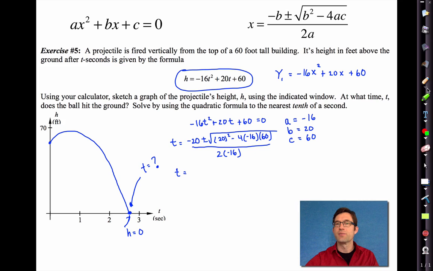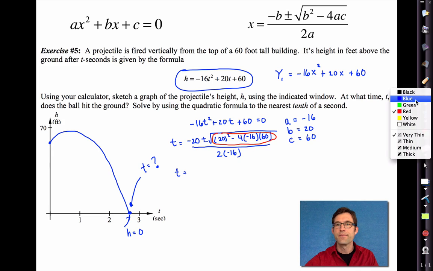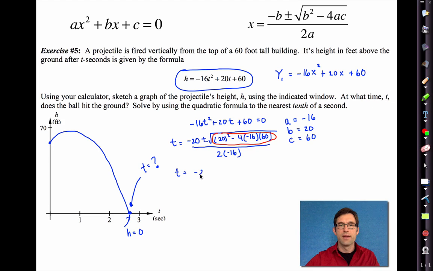Just like in the previous problems, on my calculator I'm going to enter this calculation and figure out what it is, and it's large. It ends up being, what is it, 4,240. Now, be careful, it's negative 32 in the denominator, not positive 32.